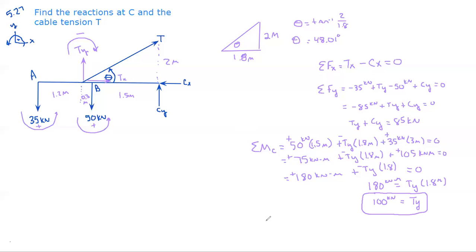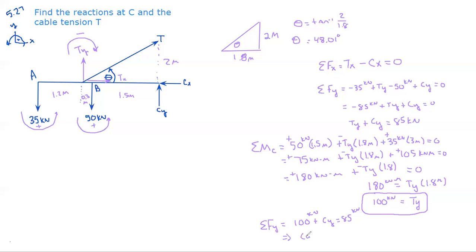Going back in, substituting that into summation of the forces in the y direction. 100 plus CY is equal to 85. That's 100 kilonewtons and 85 kilonewtons, by the way. Subtract 100 kilonewtons from both sides.